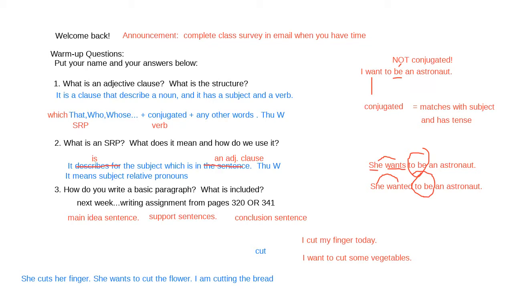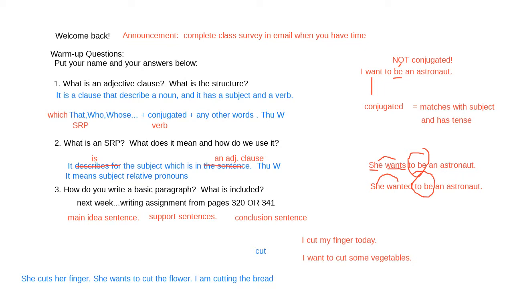Page 320. Okay, it looks like it has a long paragraph here. If you would like to write about this topic, you can. It says choose an organization that you're interested in.